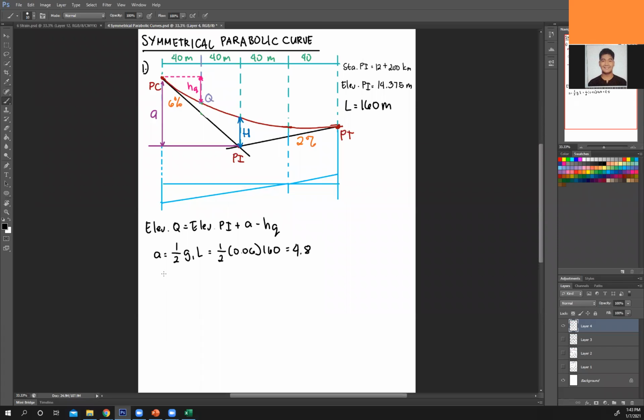Next up, I need to solve for HQ. So how do I solve for HQ? Now this is where your diagram comes in. So HQ is actually, let's do it here.